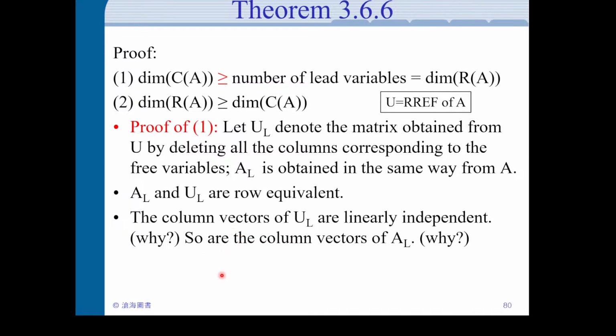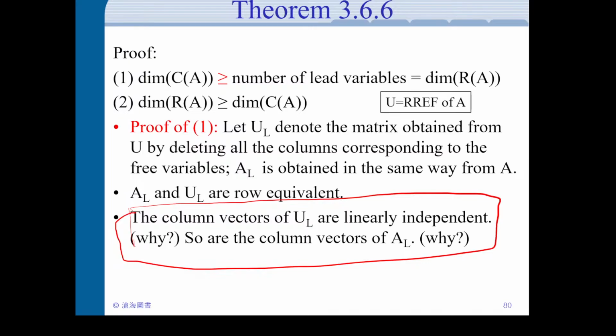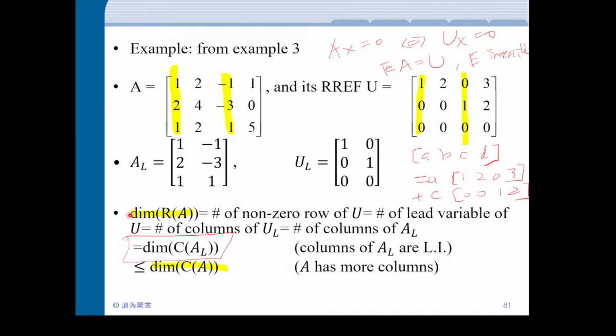So we want this thing here. Okay, this question mark here that we didn't give you time to think about: we need that the columns of AL are LI, and that's because the columns of UL are LI.